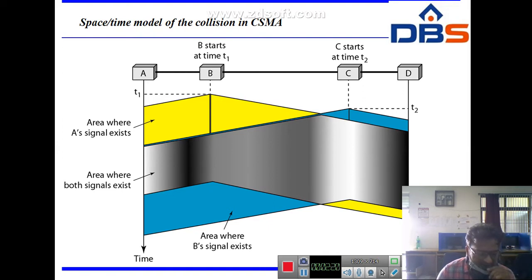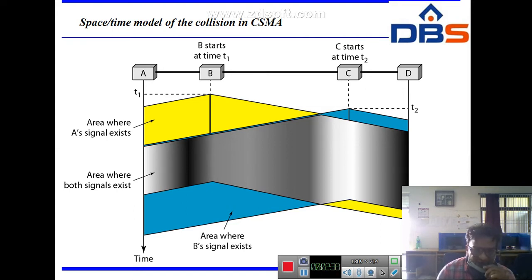Carrier sense multiple access requires that each station first listen to the medium, or check the state of the medium before sending.